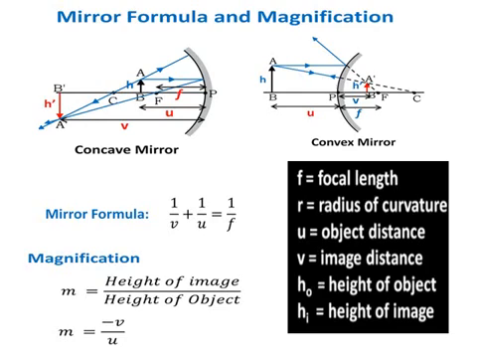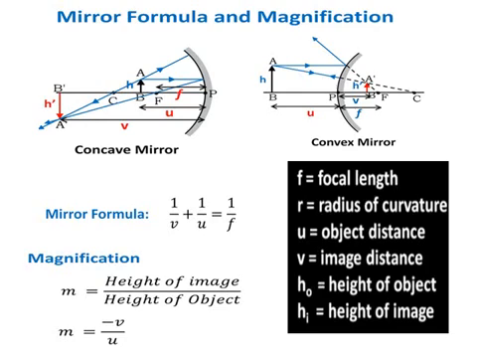You come to the right side where the convex mirror is taken. Here the object AB is placed on the left side and the image A dash B dash is obtained on the right side.